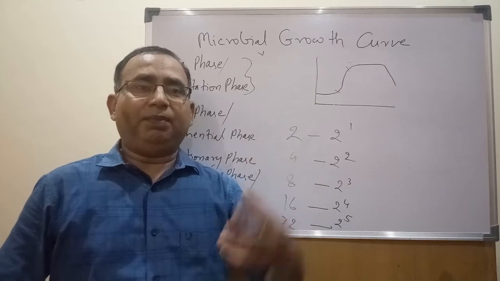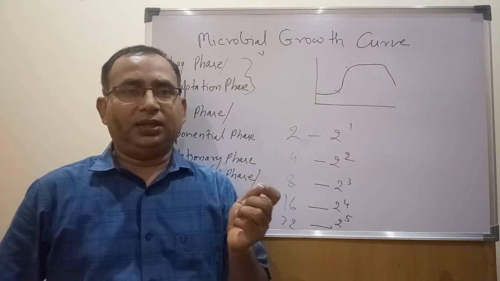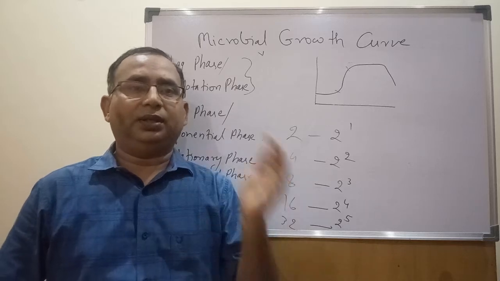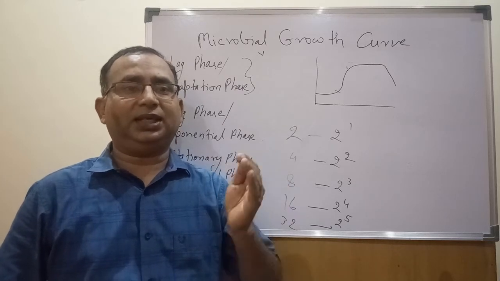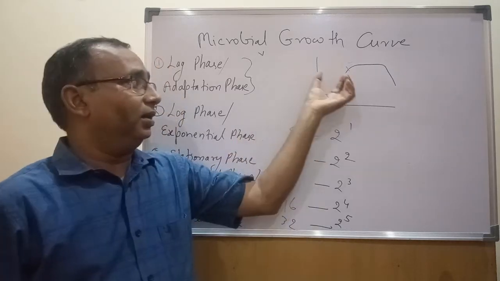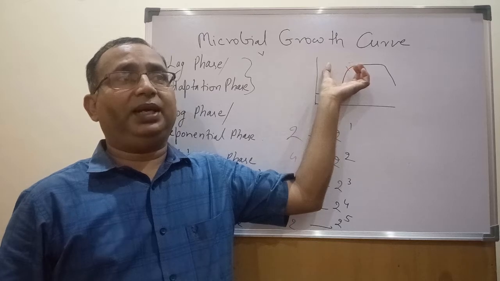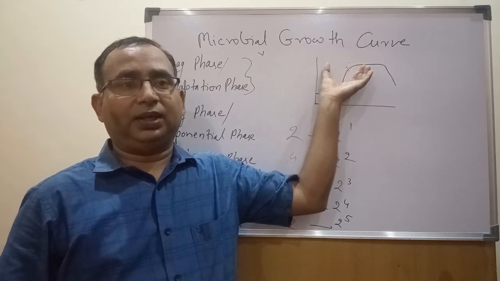But as time keeps on going, gradually, since all these cells keep on utilizing the nutrient components, by the end of this phase the number of microbial population has increased excessively.